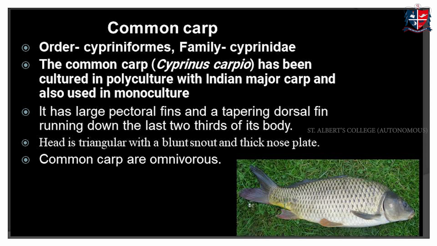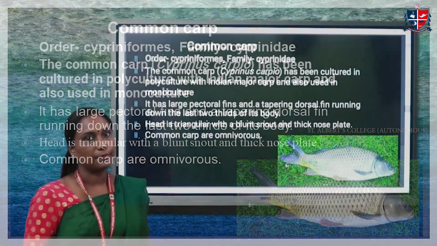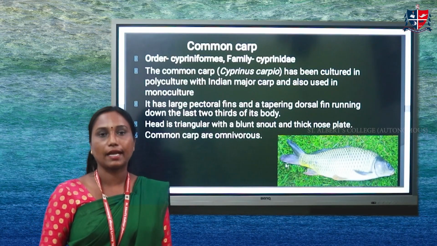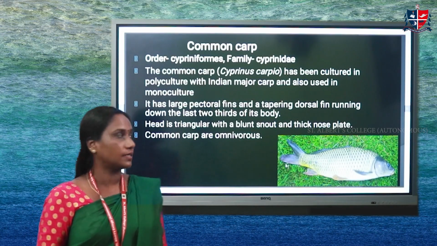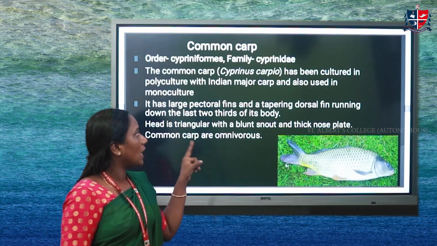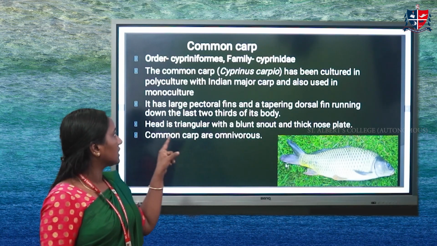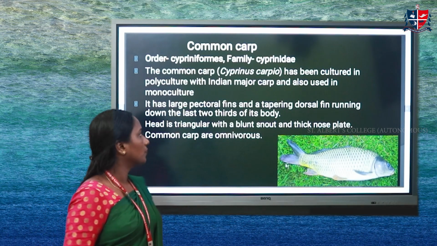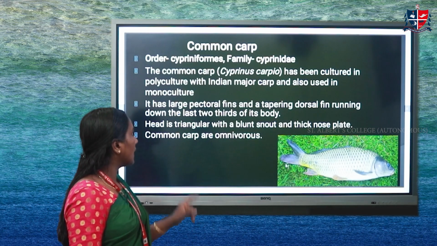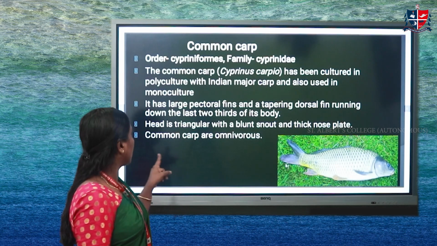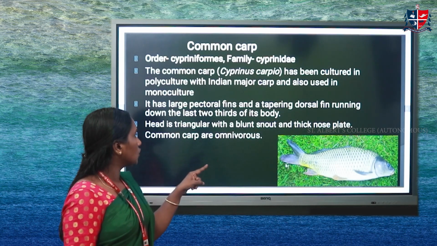Next is common carp. Common carp's scientific name is Cyprinus carpio. It is the most cultured species across India and other countries. This common carp has been cultured in polyculture with Indian major carp and also used in monoculture. It has a large pectoral fin and a tapering dorsal fin running down the last two-thirds of its body.